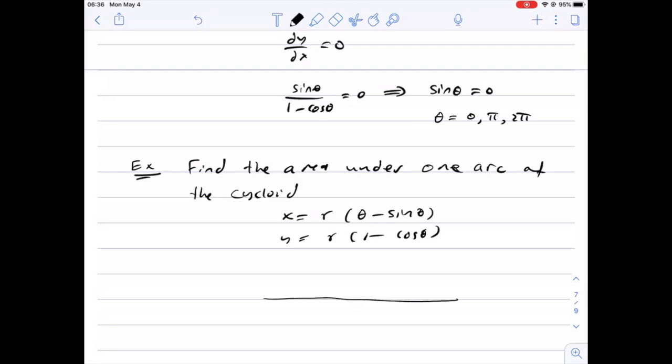Now the graph of this looks like this. The graph of the cycloid between 0 and 2 pi r. This is 0, this is 2 pi r. Looks like this. So we want to find this area.